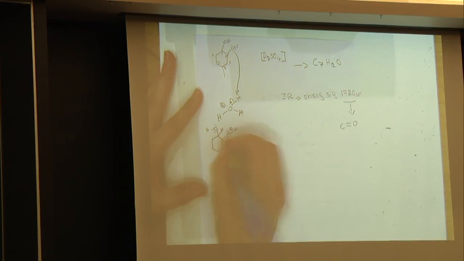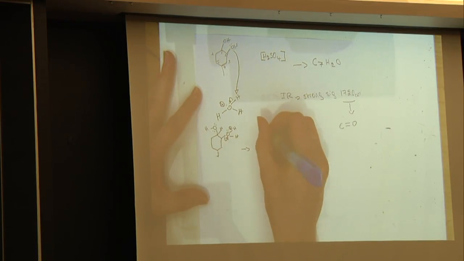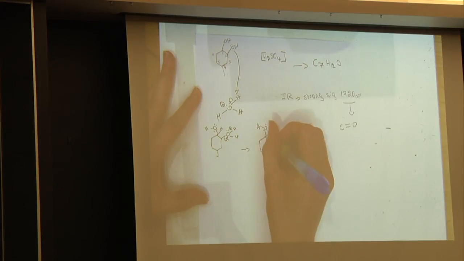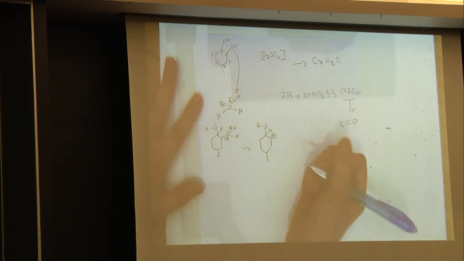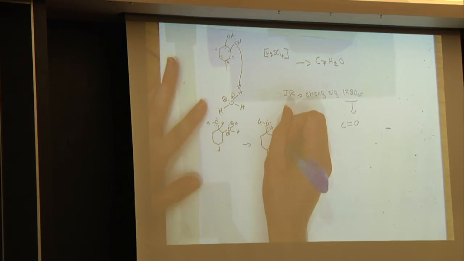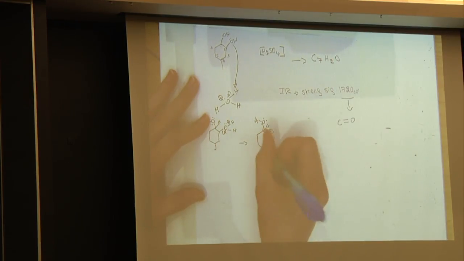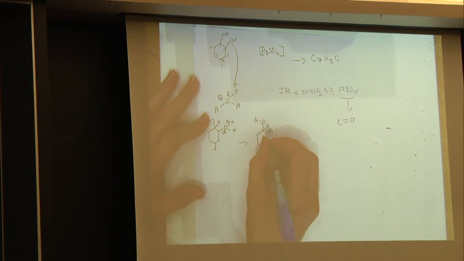So this is just going to leave, and we're going to have this. So when I have a carbocation that can rearrange, it will rearrange, right? I'm not going to have a methyl shift here because it's a carbon away, so it's too far. I'm going to have a hydride shift.